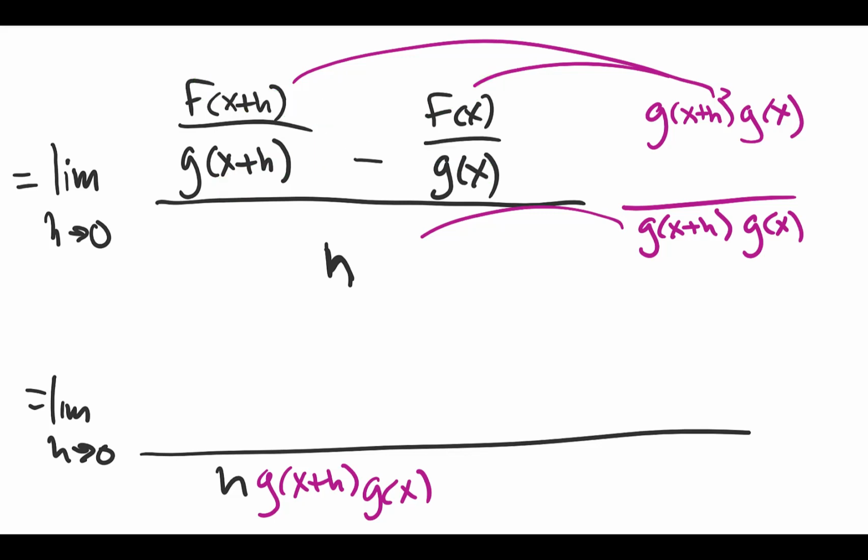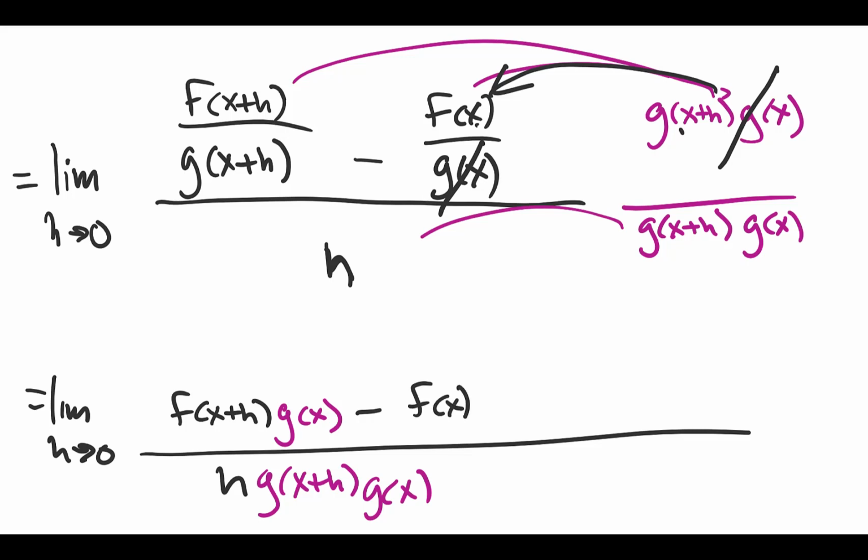Our g of x plus h cancels when that comes through, so you'd just be left with f of x plus h times g of x. Now we subtract out, and once this comes through, those g of x's cancel, and you're left with f of x times g of x plus h.